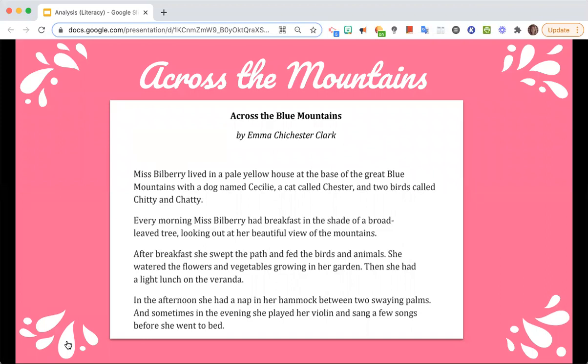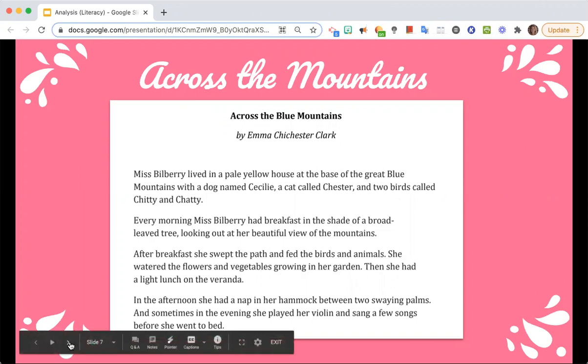She watered the flowers and vegetables growing in her garden. Then she had a light lunch on the veranda. In the afternoon, she had a nap in her hammock between two swaying palms. And sometimes in the evening, she played her violin and sang a few songs before she went to bed. Sounds like Miss Bilberry lives a pretty sweet life.